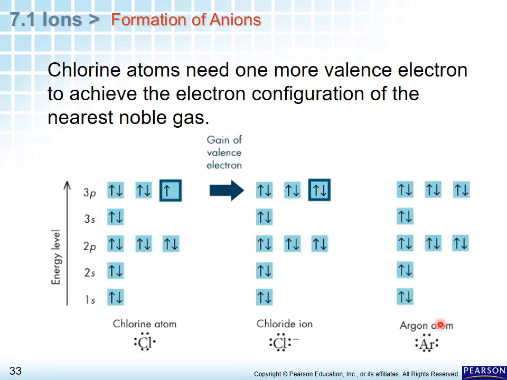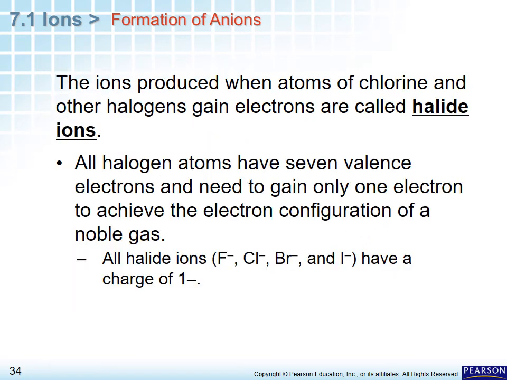Now, the chlorine atom needs one more valence electron to achieve the electronic configuration of the nearest noble gas. This is the structure. You can see this is the atom. So one is missing. By getting 1 electron, it completes the structure or octet rule and becomes like the configuration of argon. Now, the ion produced when an atom of chlorine and other halogens gains an electron is called a halide ion.